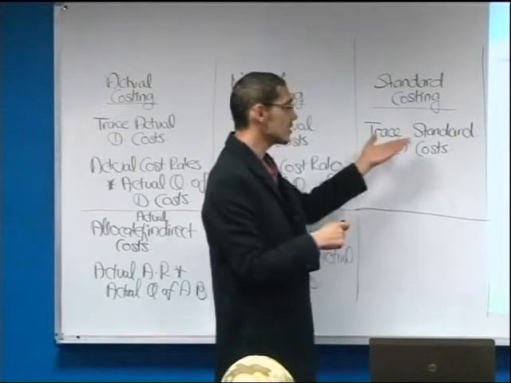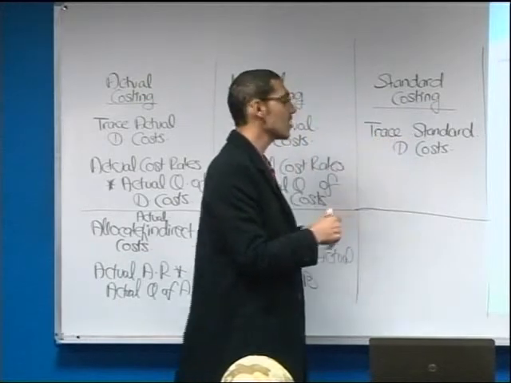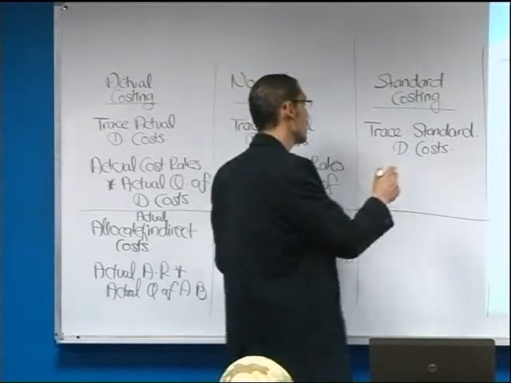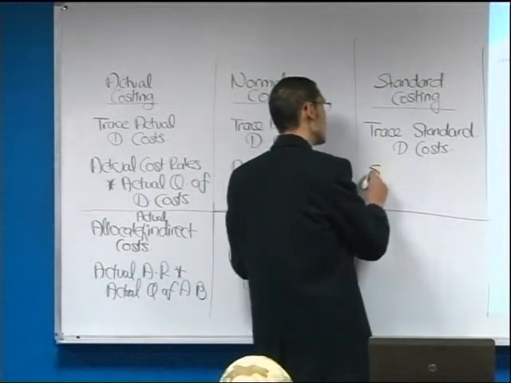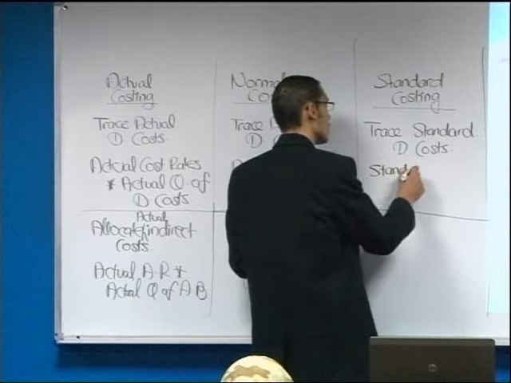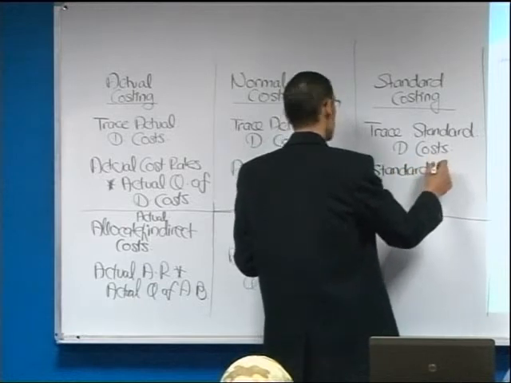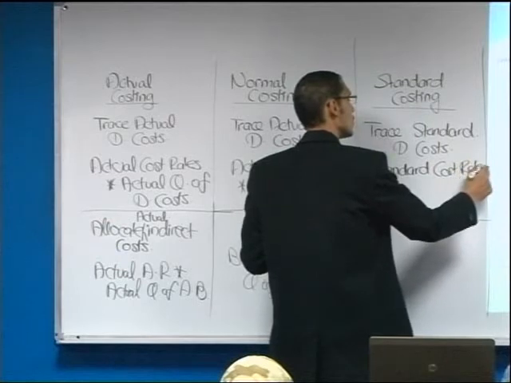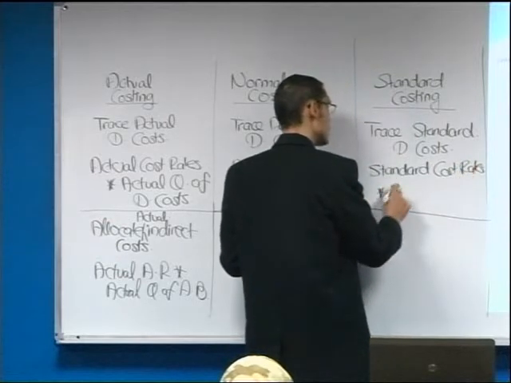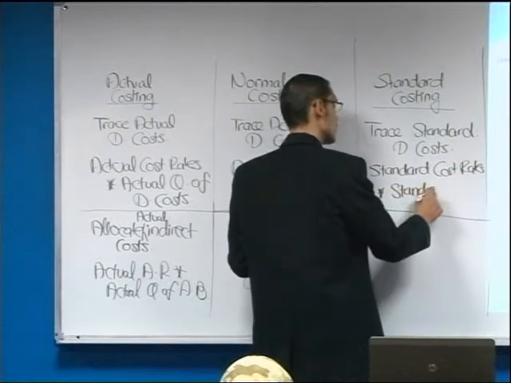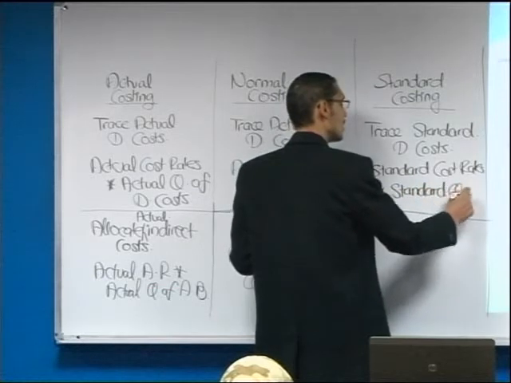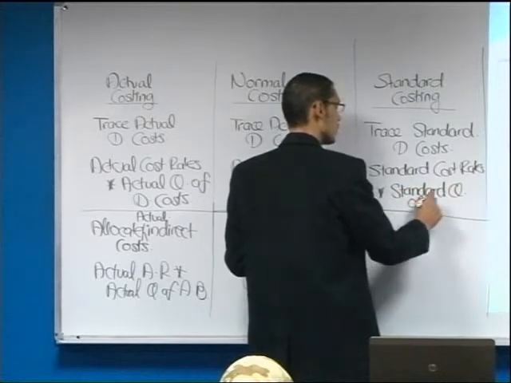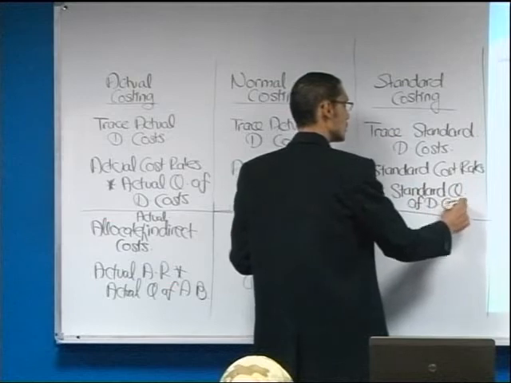Therefore, to get the standard direct costs, we are going to multiply the standard cost rates by standard quantities of the direct costs.